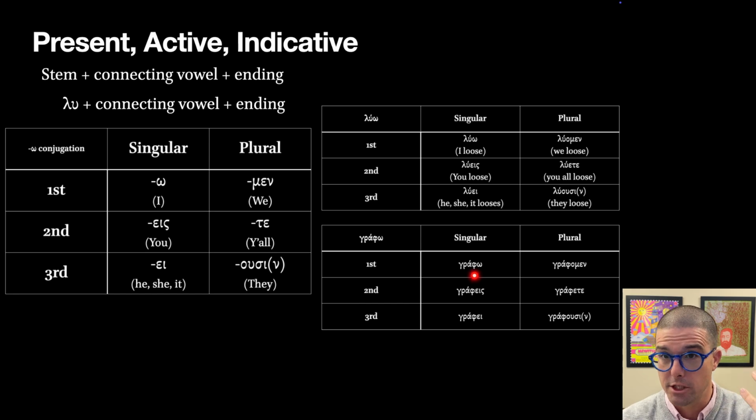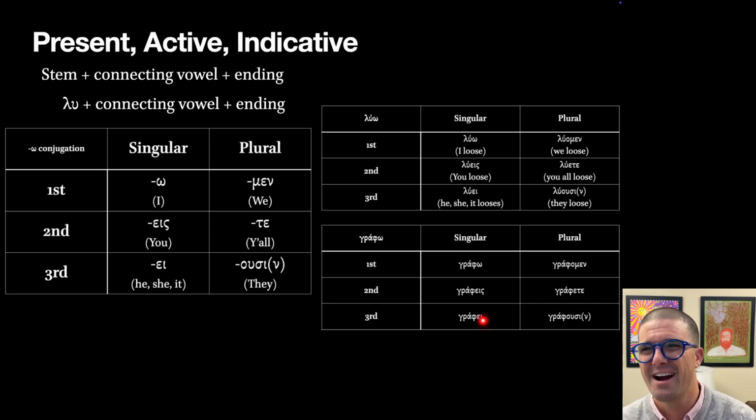The information about the person and the number is embedded in the verb because Greek is a highly inflected language. So when we go to grapheis, the person and number is second person singular, exactly. And then for third person, graphei, giving you the answer ahead of time, what is the person and the number?